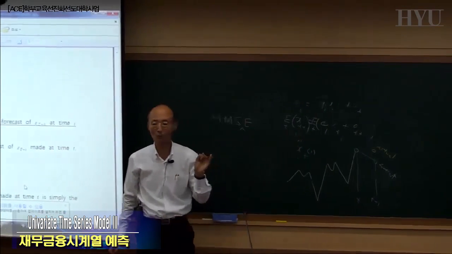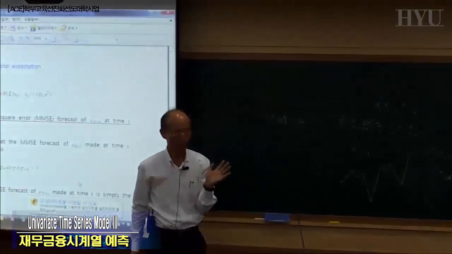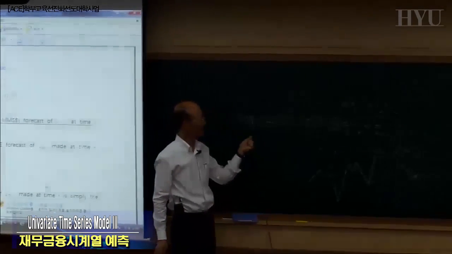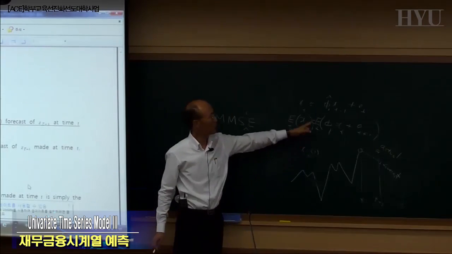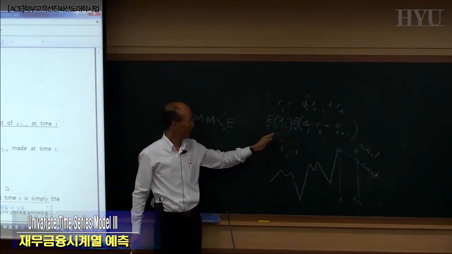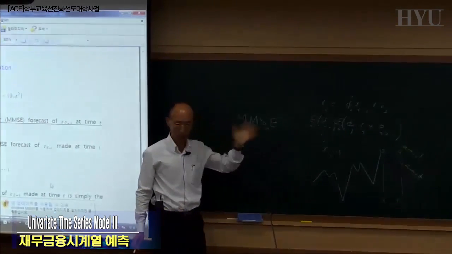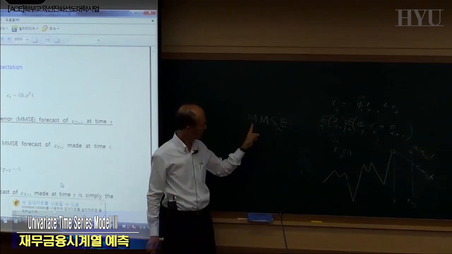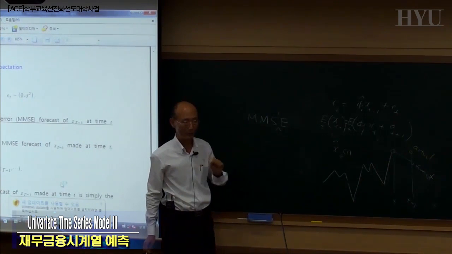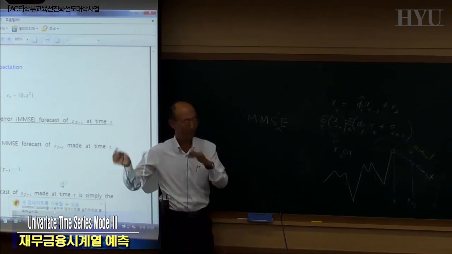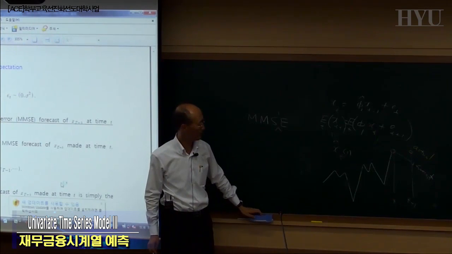So it's just a one page long proof to see that, in fact, if you calculate conditional expectation, that forecast will give you the smallest mean squared error among competing models.